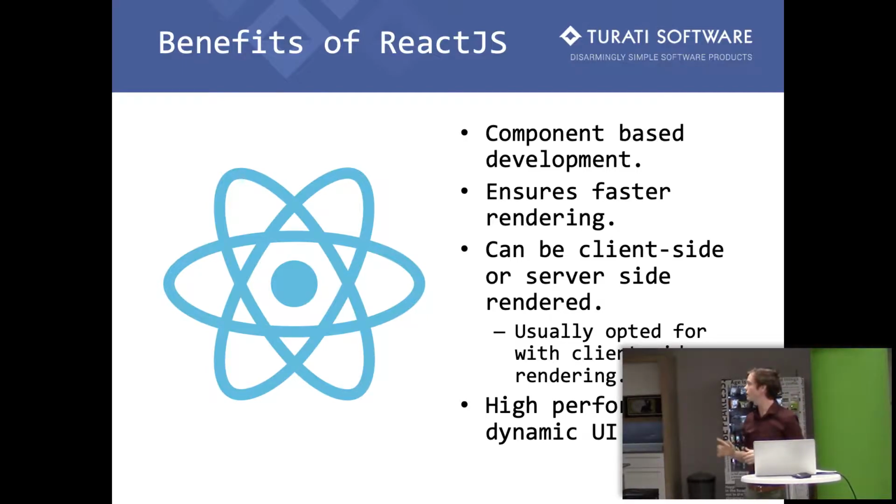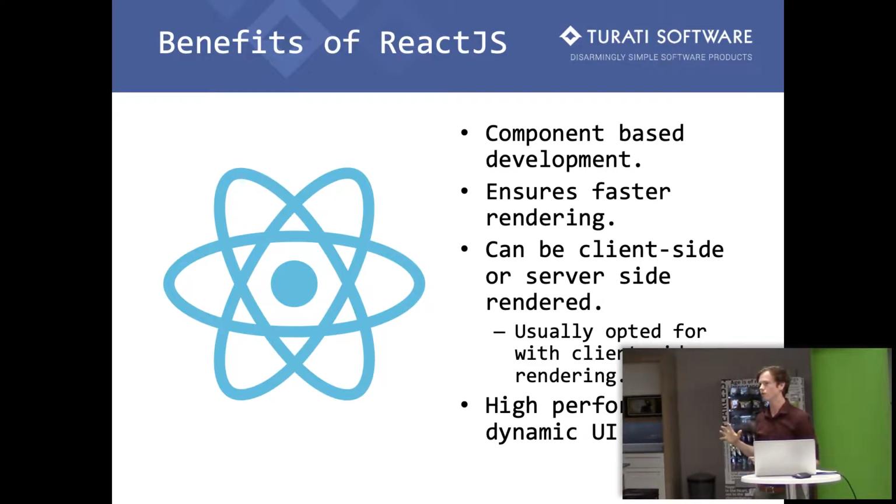I mentioned earlier that NextJS is a React framework, so you get all the benefits of React. Obviously, it's a component-based framework, which is great. It has a nice tree-based virtual DOM, which makes rendering components separately really great. It has the flexibility of being client-side or server-side.